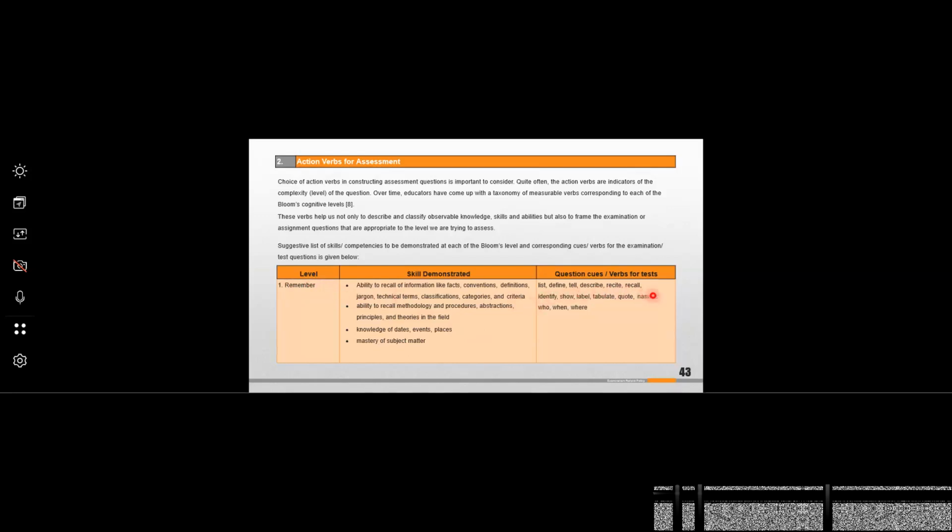I will give you the list of these question cues which demonstrate level 1. So when we say define Ohm's law, that is only a remembering part. That's the easiest question. There is no analysis, no problem solving, nothing. So this is the level 1 question that should also be there in our question paper.